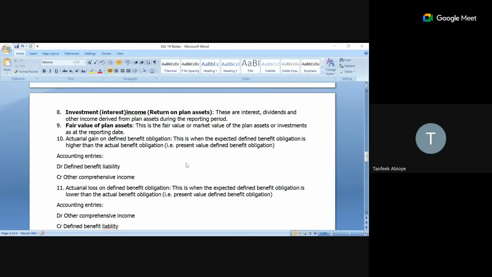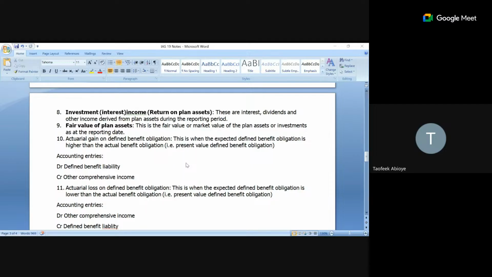Now I hire a professional, an investment analyst, to help me find the fair value of this obligation. The investment analyst tells me the fair value of your obligation is 80 million. How much did I recognize before? 100. Then the investment analyst now told me it is 80.